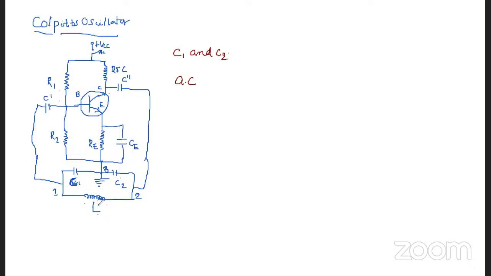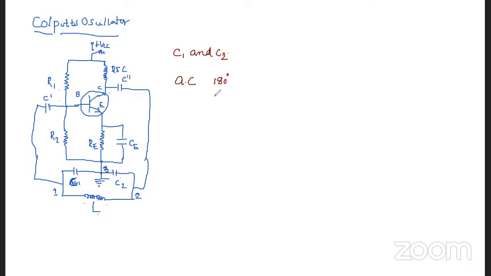The feedback voltage, which is the voltage across the capacitor C1, is 180 degrees out of phase with the output voltage, that is the voltage across capacitor C2.